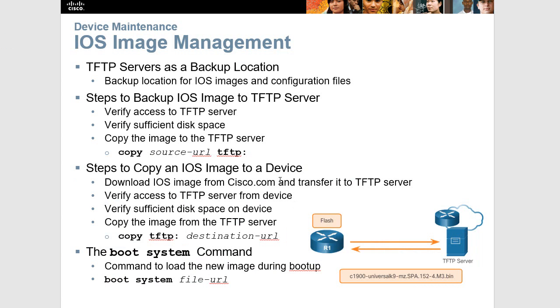Once you've got that image on the TFTP server, if you need to load it, or maybe you downloaded an iOS image from Cisco.com and you want to transfer it to your device. Okay, if you want to do that, you've got your copy. Well, first of all, verify connectivity, verify sufficient disk space.